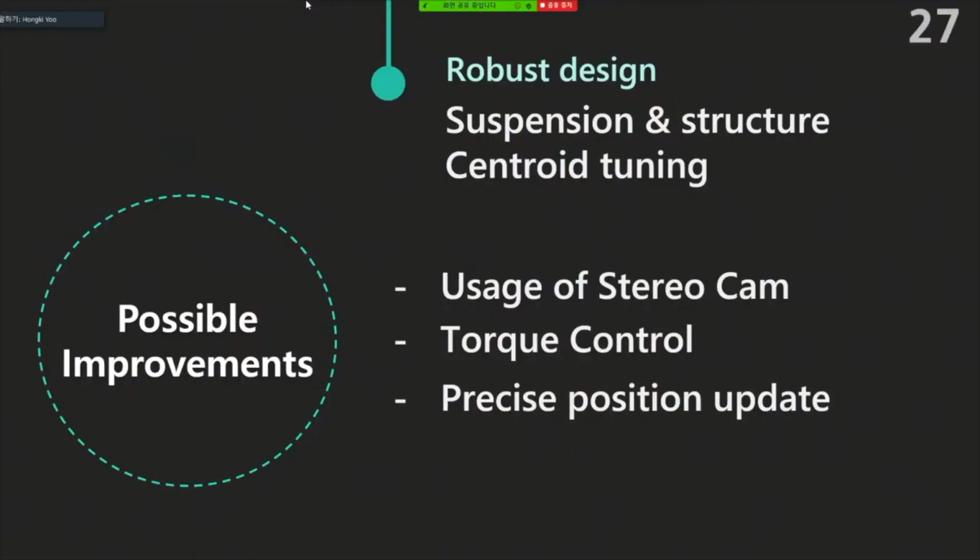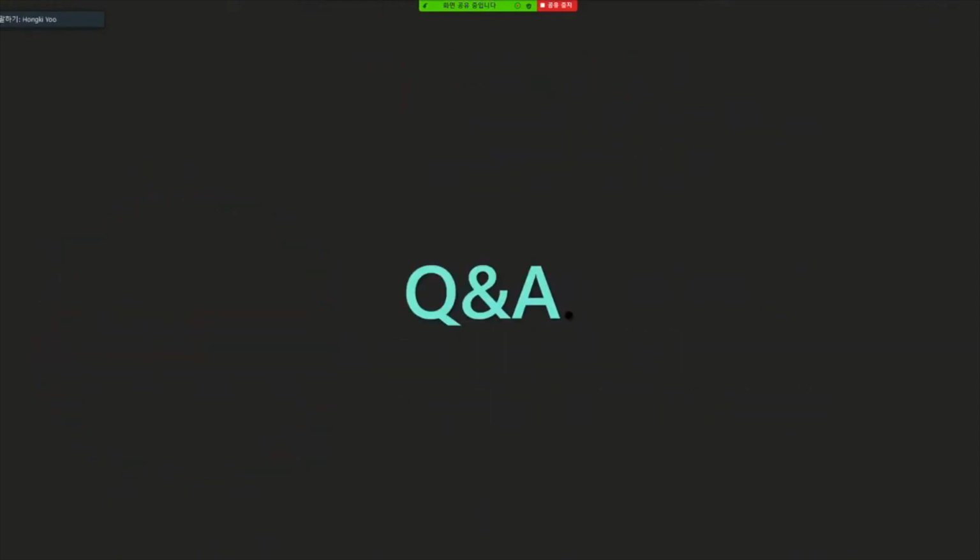We also have a robust design in suspension and structure, and also the centroid tuning. And these are the possible improvements we could make: we can lower the errors and do real-time position updates, and so on. Feel free to ask any questions, and thank you for listening.